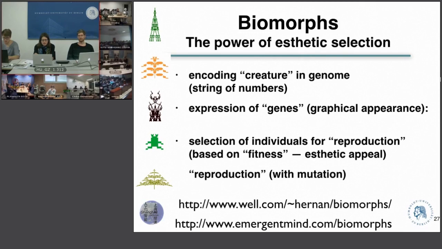We have the encoding of this creature. For example, we need a genome. So how is that encoded? What are the graphical parameters? For example, color, number of arms, angle of these arms. You can see here, the most beautiful pictures are selected and reproduced.